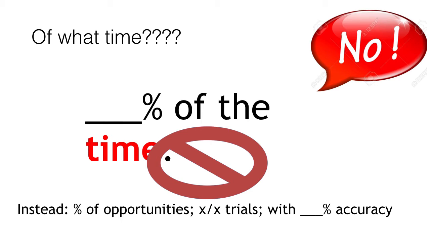So when you describe your criteria, please do not use the word time. Instead, you can use percentage of opportunity, X out of X trials, with this much percentage accuracy. If you use "percentage of the time" in your objective, I'll be really sad, okay? Please do not use the word time in your criteria description.